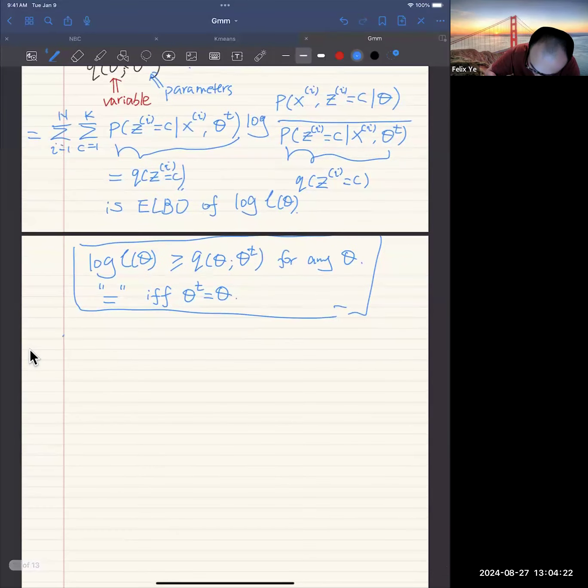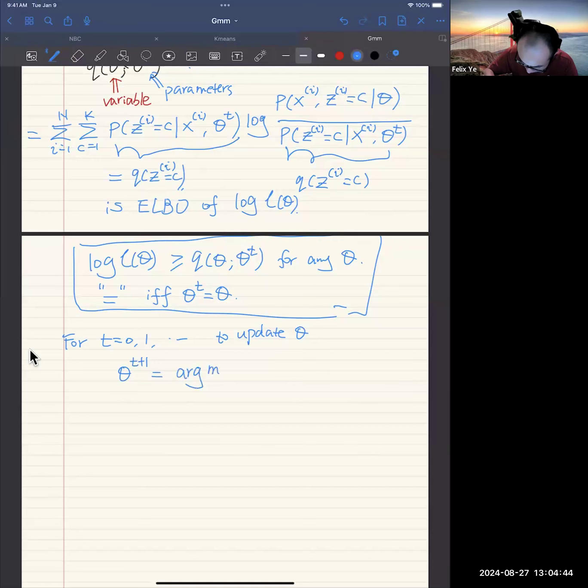So for t equal to 0, 1, 2, and so on, we update theta. The theta t plus 1 is equal to the argmax over theta of this Q function of theta and theta t.